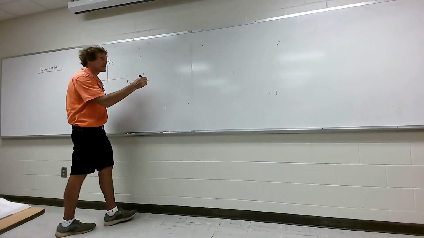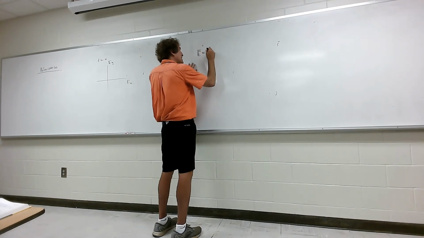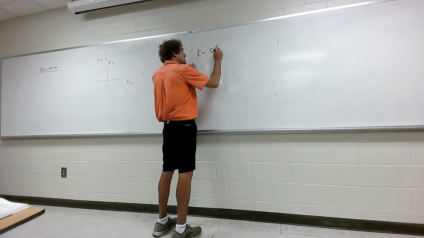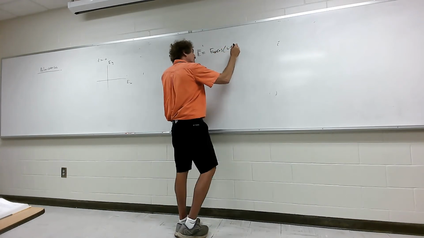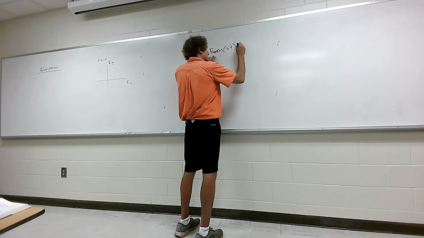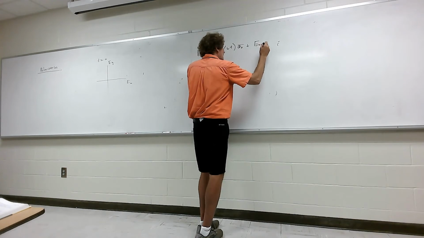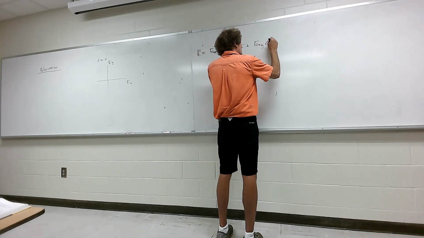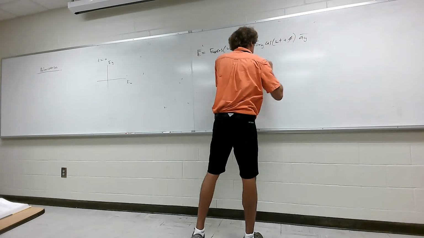And I'm going to say that the total E field can be rendered as some E0x times cosine of omega t, and this is going to be ax, of course, plus some E0y cosine of omega t plus phase angle, ay.